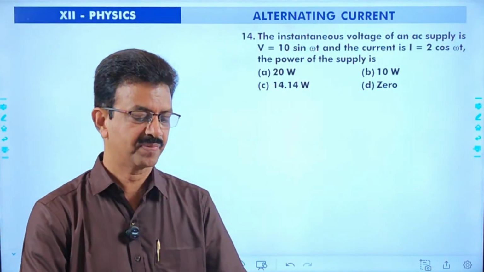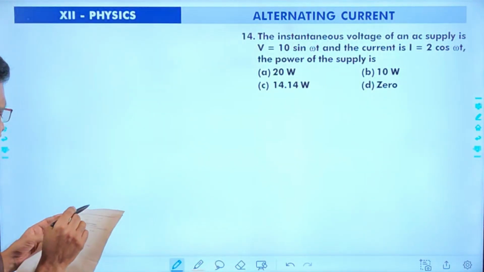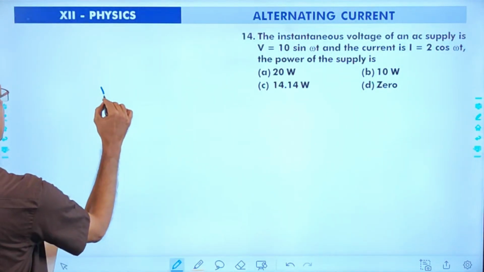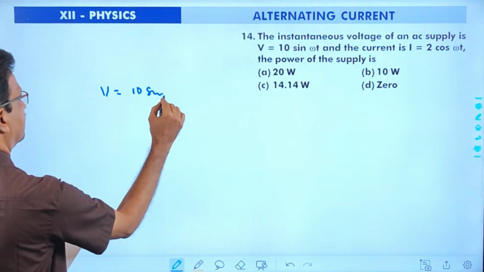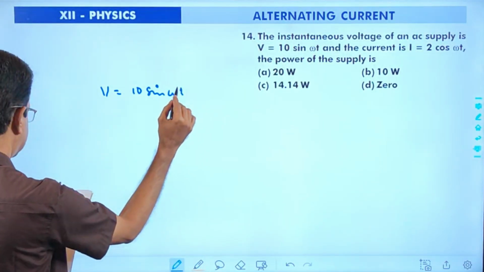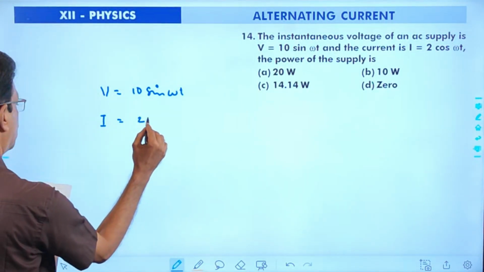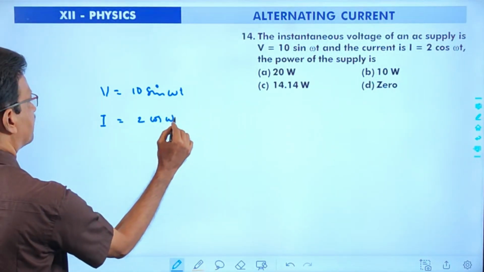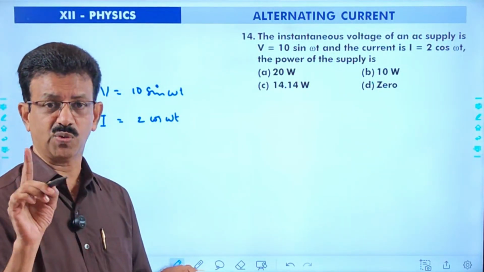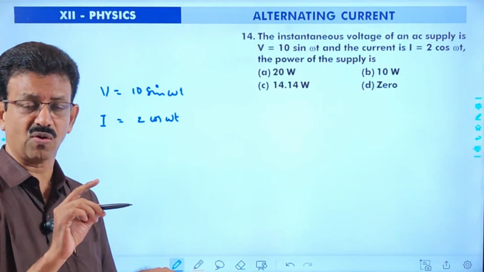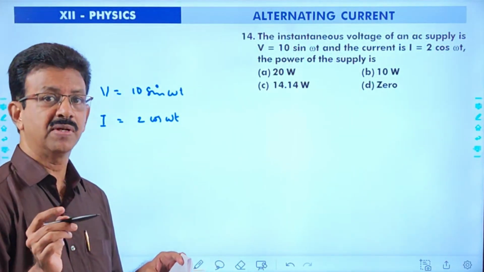Question number 14. The instantaneous voltage of an AC supply is V equals 10 sin omega t. And the instantaneous current is I equals 2 cos omega t. V equal to V0 sin omega t, I equal to I0 sin omega t. These are all the instantaneous values of alternating signals.